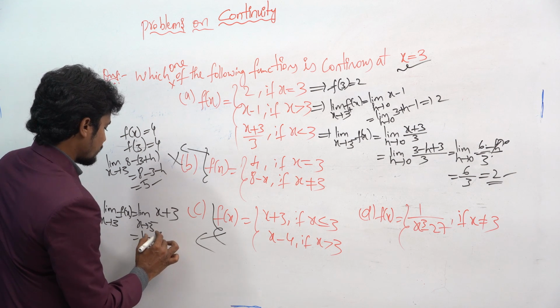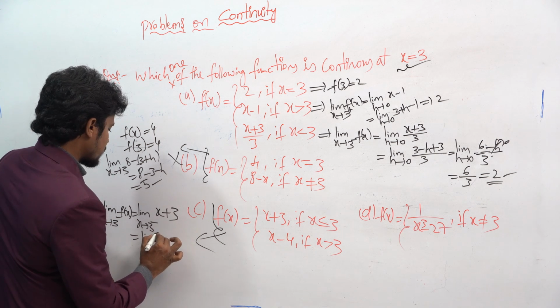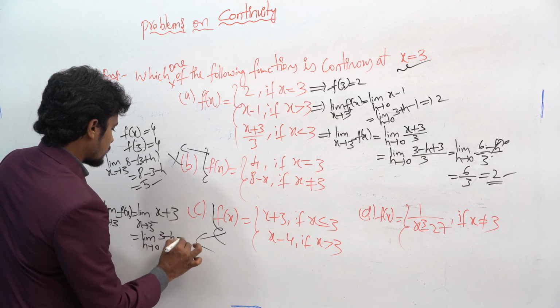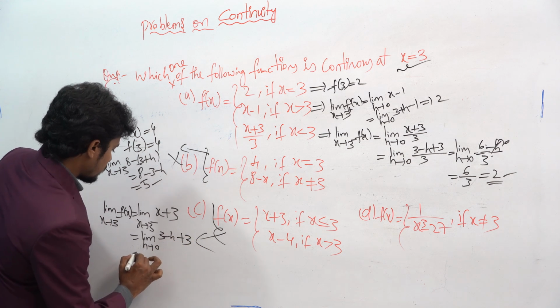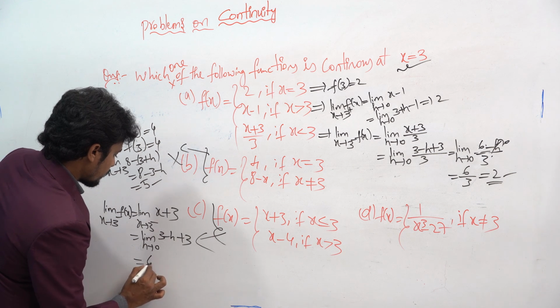So this is 3 minus h plus 3. Here h will become 0, this will become 6.